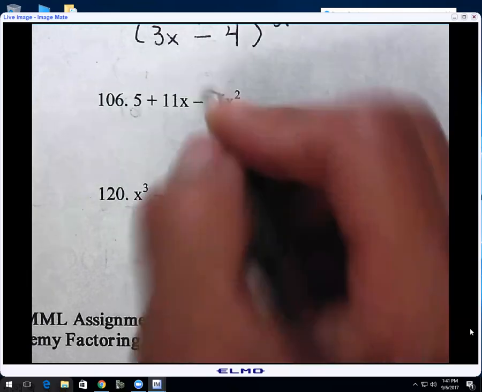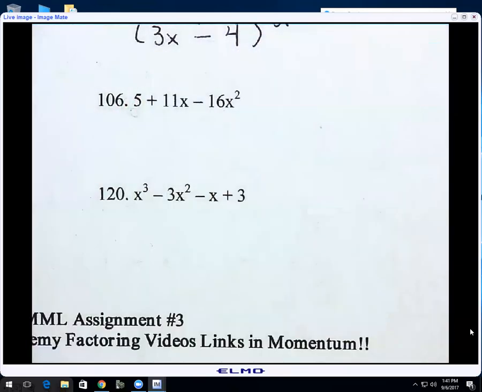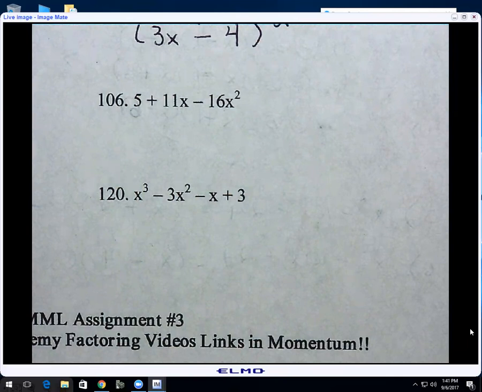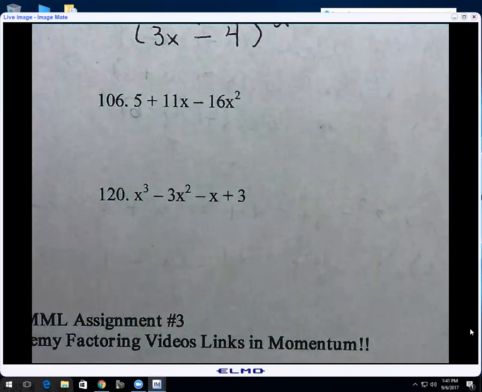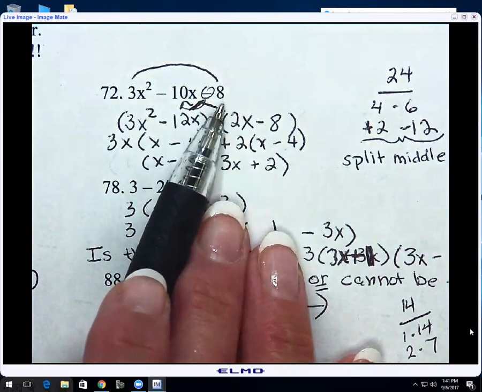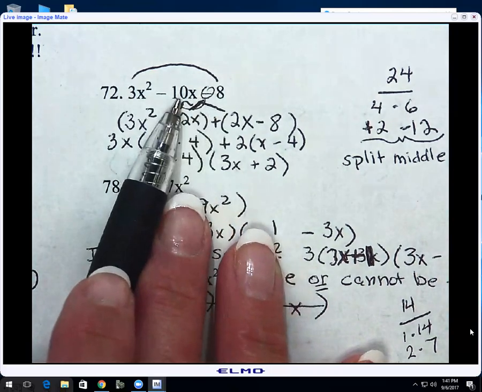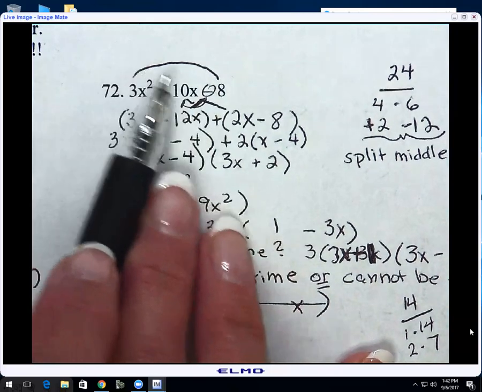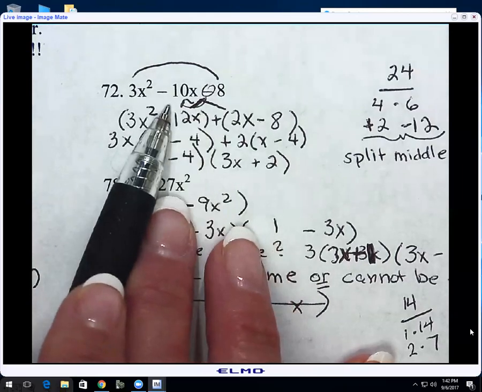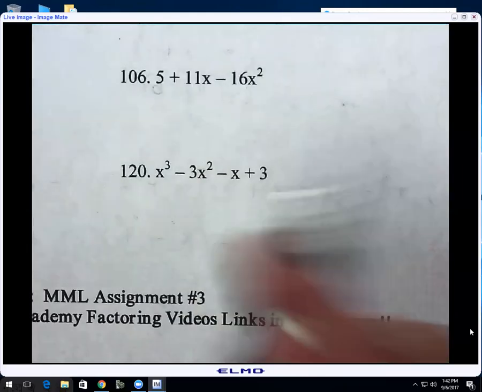No, not factors of 5. On the hard kind, number 72, we didn't say factors of 8 that had a difference of 10. We multiplied first times last and looked for factors of 24 that have a difference of 10. That's what we have to do on the hard kind.